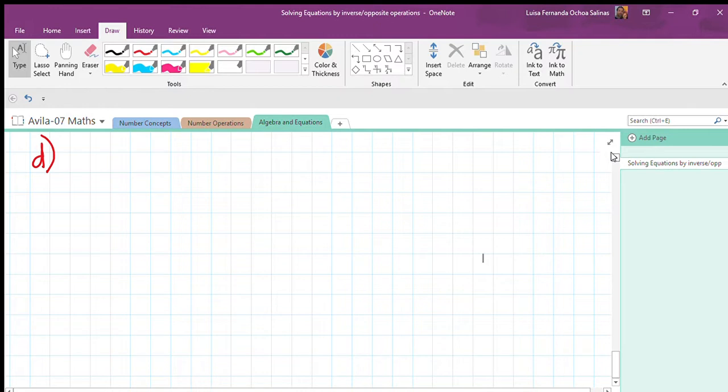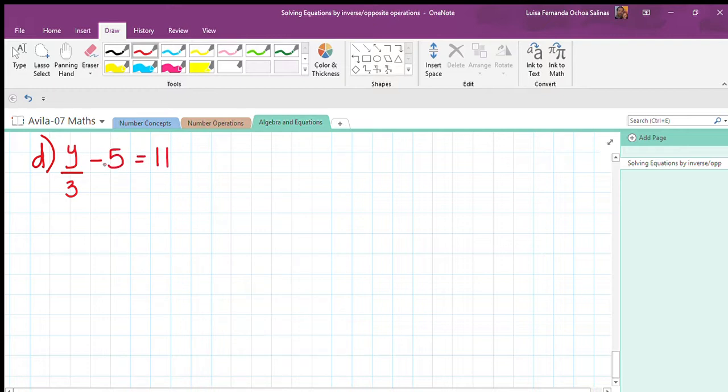Okay, so example D says y minus 3. Oh, no, I did this wrong, sorry. I'm going to copy it down again. y over 3 take away 5 equals 11.